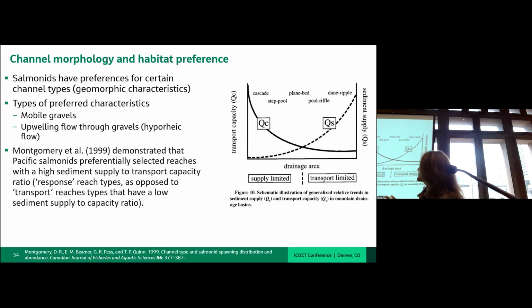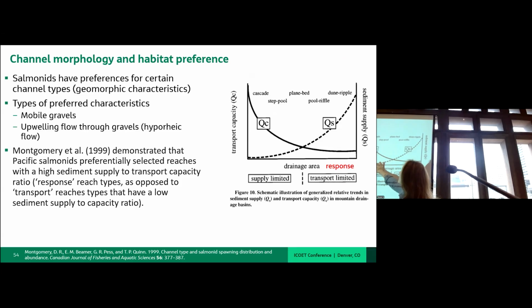So those would be reaches that have, let me see if there's an animation here. Yes. Those are reaches that have higher sediment supply versus lower transport capacity. So in the Montgomery-Buffington channel classification, channels are classified by their transport capacity, so their ability to transport sediment versus their incoming sediment supply. So for channel types like cascade and step pool, they have a much higher ability to transport sediment.